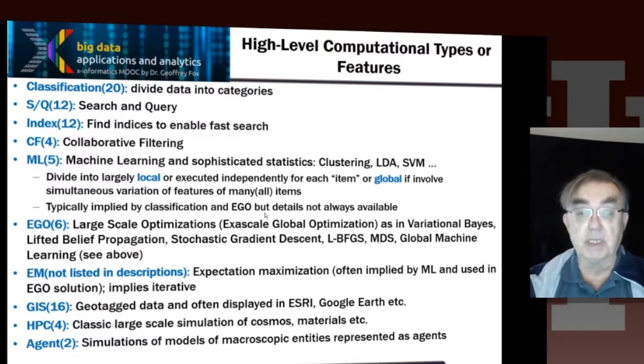The global machine learning always ends up as sort of EGO, because machine learning is always essentially an optimization algorithm. LBFGS is a particular gradient descent algorithm. And all of these are just examples of EGO applications. You have giant optimizations done across all possible variables.